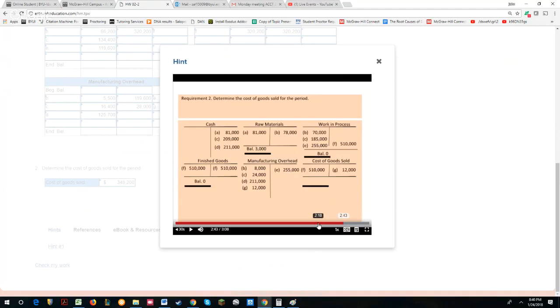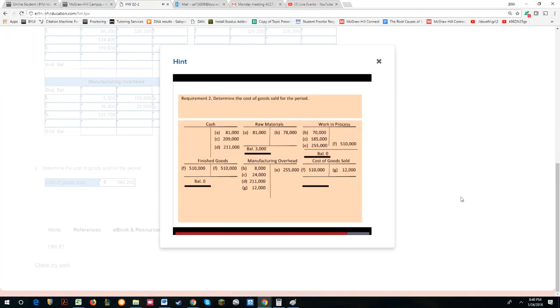So this is the only thing I was thinking right at the end here. Therefore, we need to debit manufacturing overhead for the difference over applied overhead. Debit manufacturing overhead for $12,000 and credit cost of goods sold for $12,000. This completes requirement 1. Requirement 2 asks us to compute the total cost of goods sold.